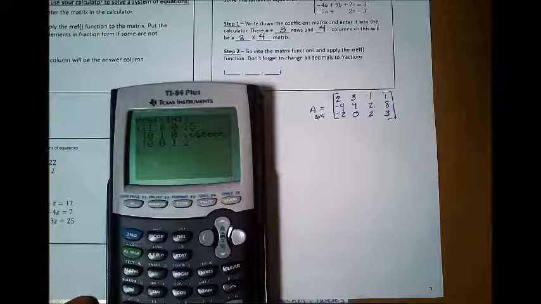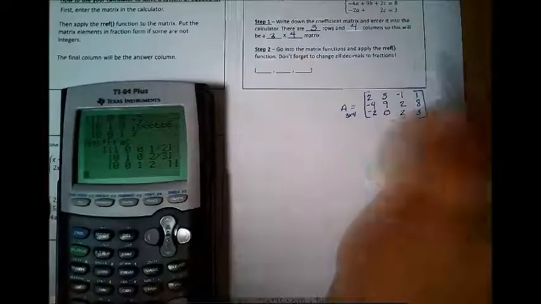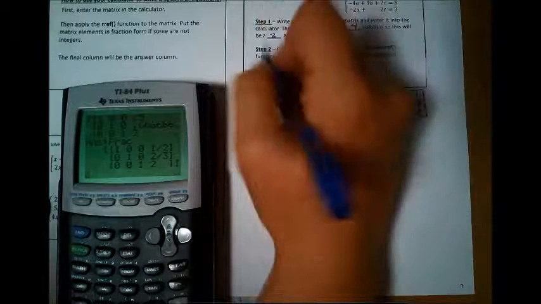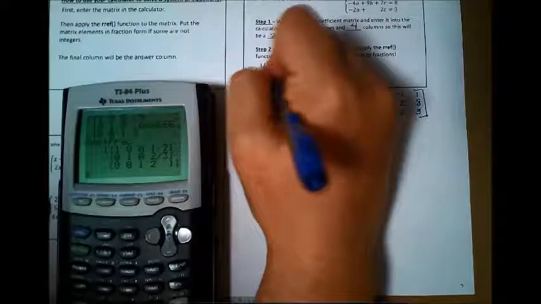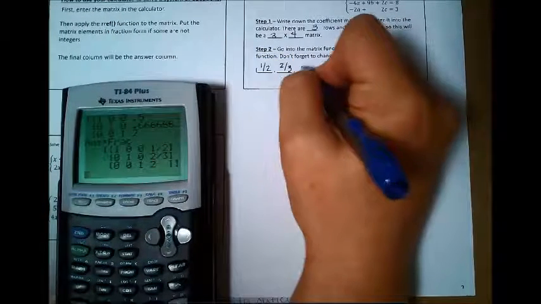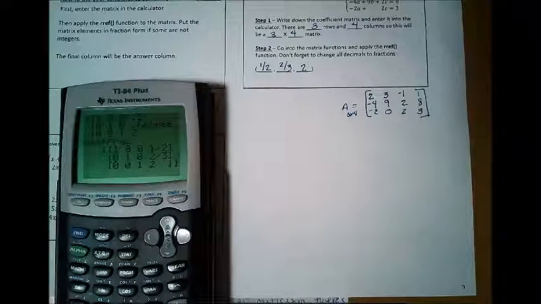Oh no, we got decimals. No biggie, math, fraction, enter. Look at that. So our solution to this system of equations is 1/2, 2/3, 2. And that's all you have to do.